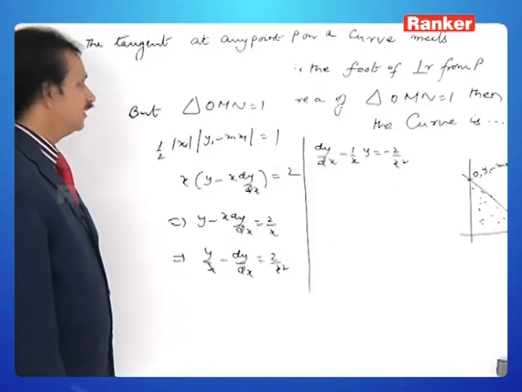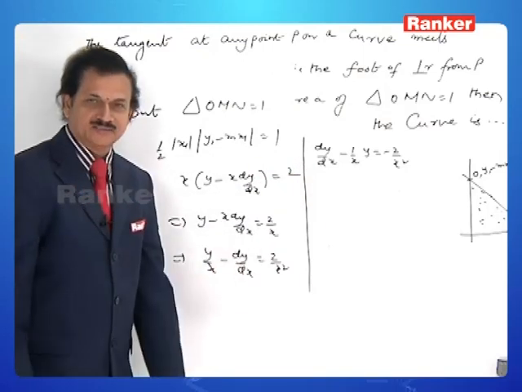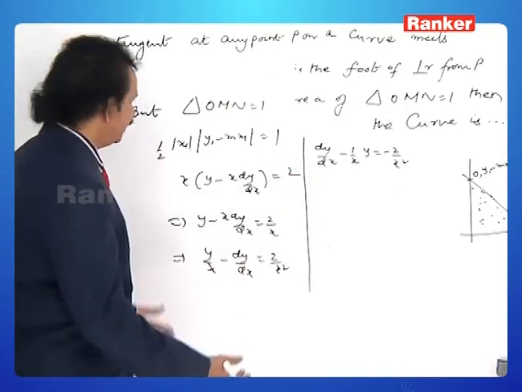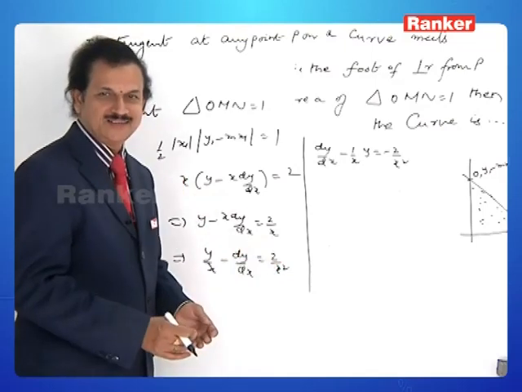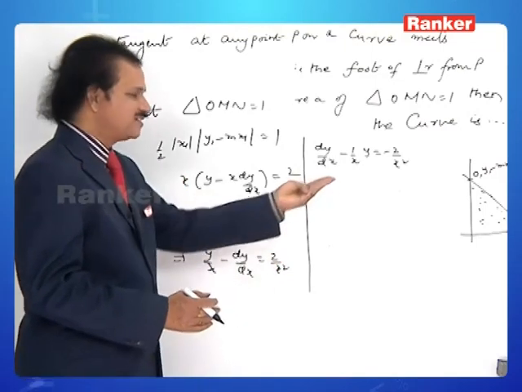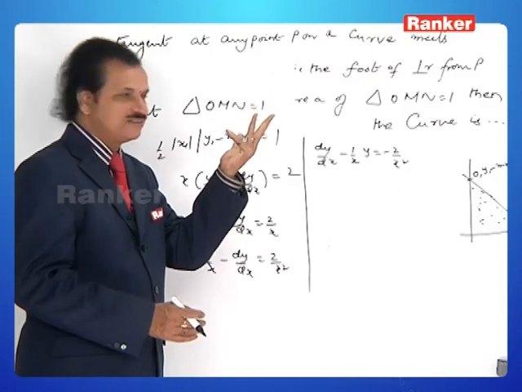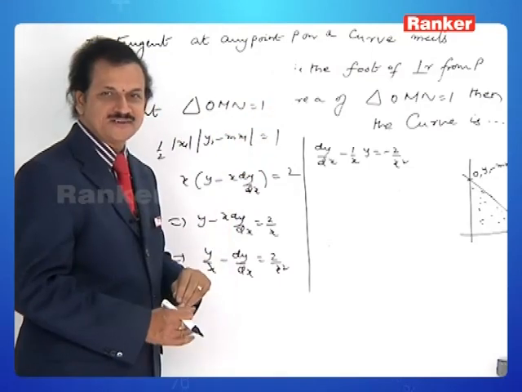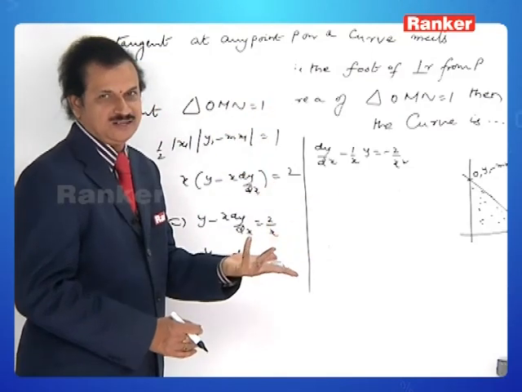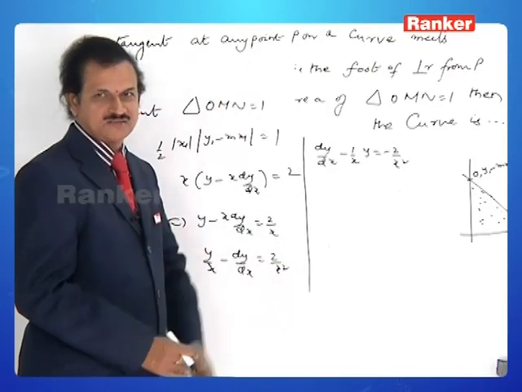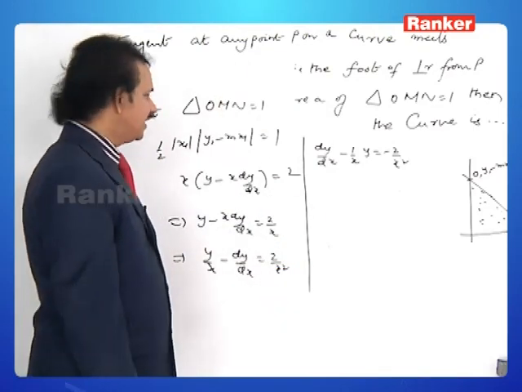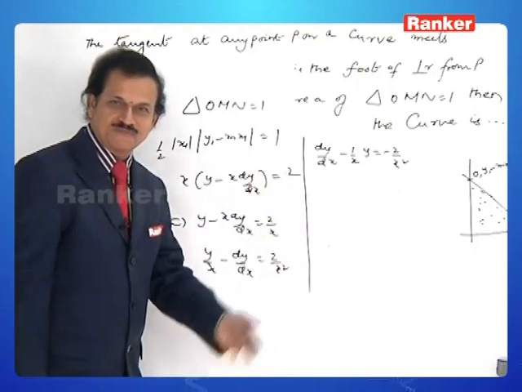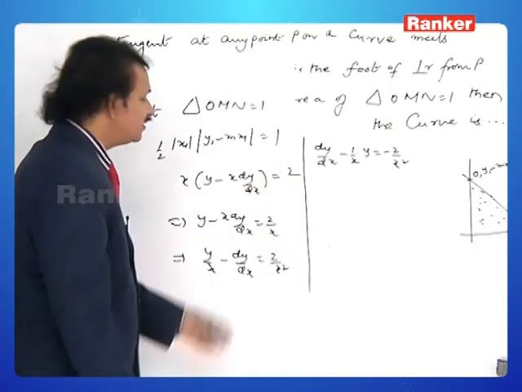Again, this is linear in y. You look at the problem. It has been given in terms of tangent, subtangent, equation of the tangent, area of the triangle, etc. It belongs to applications of derivatives. And the essence is now thrown into differential equations, that too a linear equation.